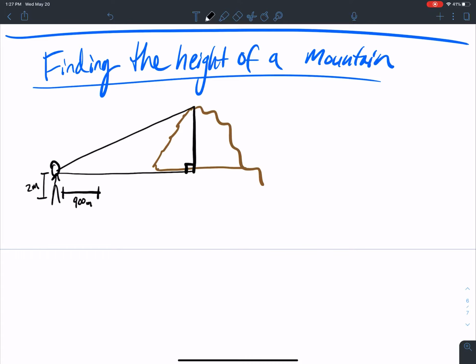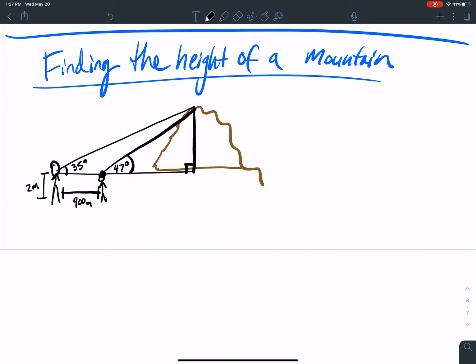This is obviously not drawn to scale. And then they view the angle again. So that first angle was an angle of elevation of 35 degrees. That second view was an angle of elevation of 47 degrees.